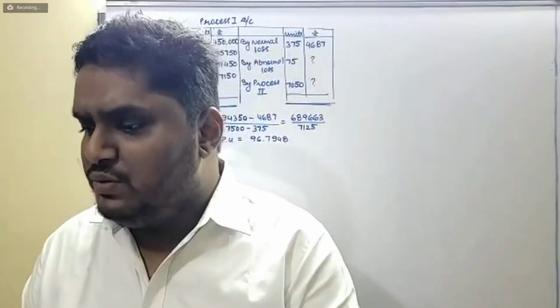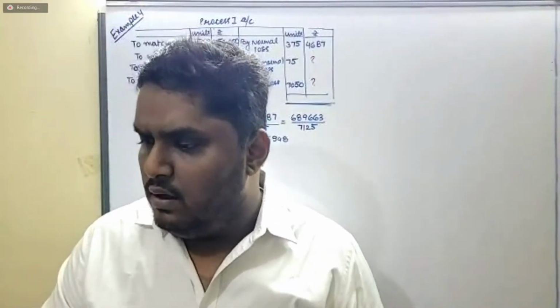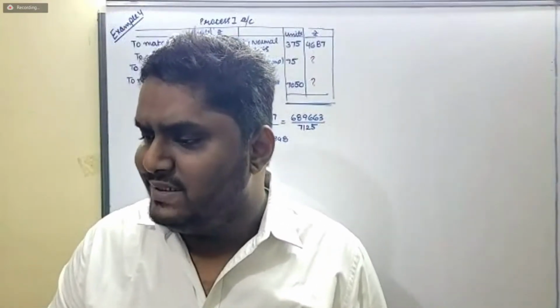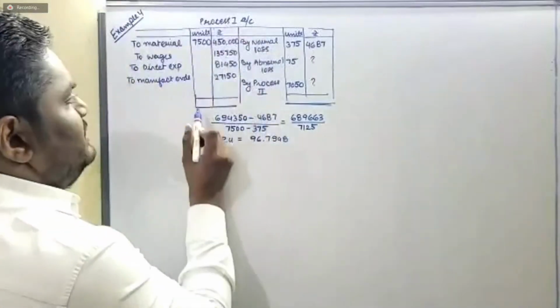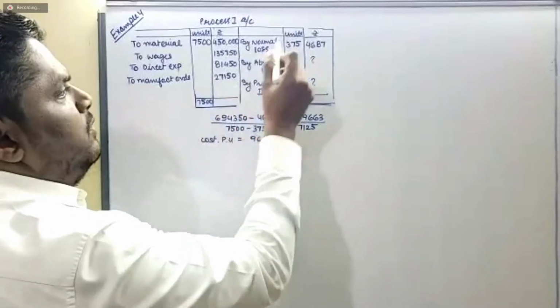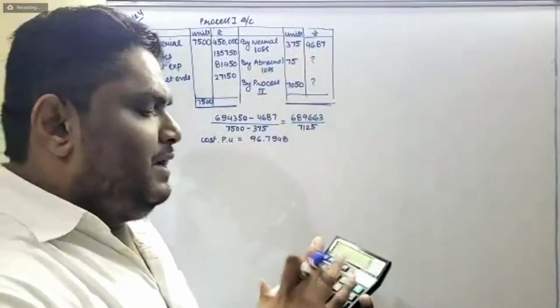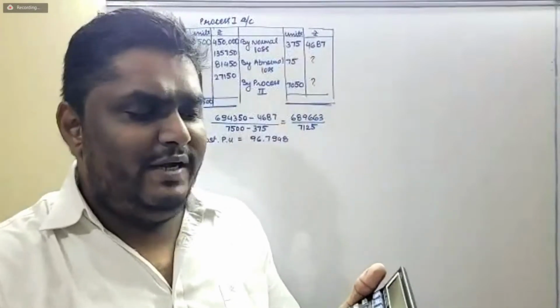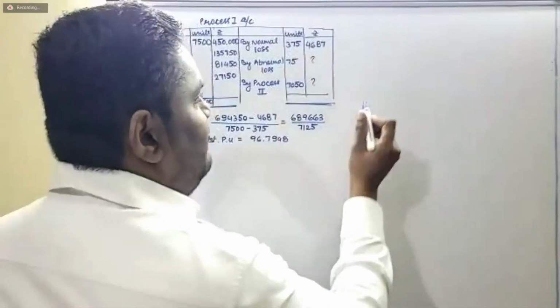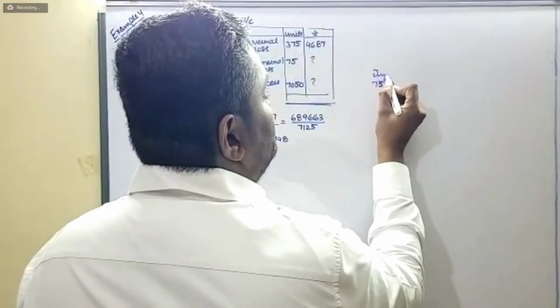One second, Sri Lakshmi. Vinodini asks how come 75 units as abnormal loss? See, my input is 7,500 units, so my normal loss is 375 units. 7,500 minus 375 is 7,125.